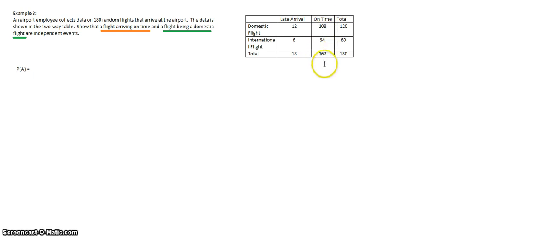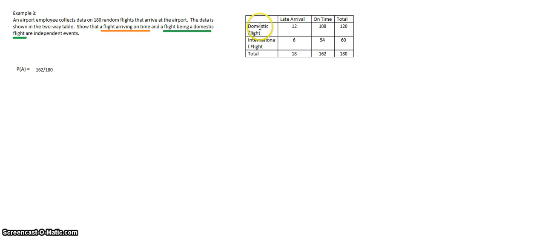According to this, there are 162 flights that arrive on time, and there are 180 flights altogether. So the probability of a flight arriving on time is 162 over 180.